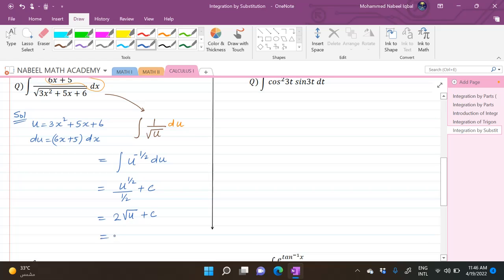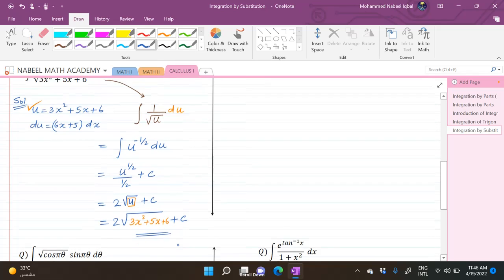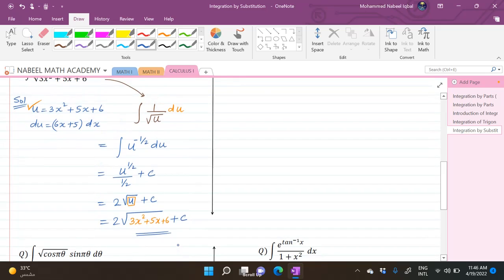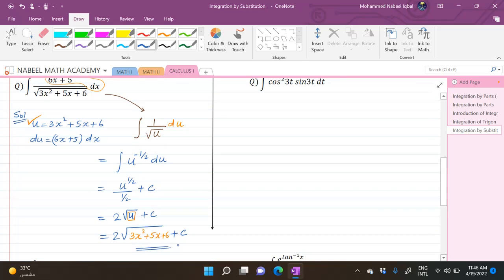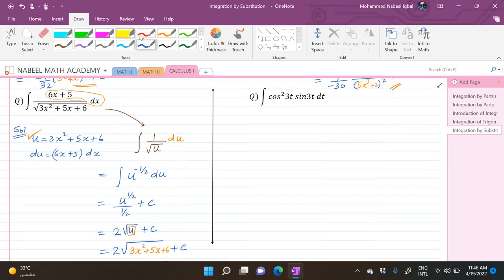At the last step, I will replace the u. The u value is nothing but 3x square plus 5x plus 6. I replace it at the last, because the question is given in terms of x, so you have to give the answer in terms of x. The u is just a substitution method.